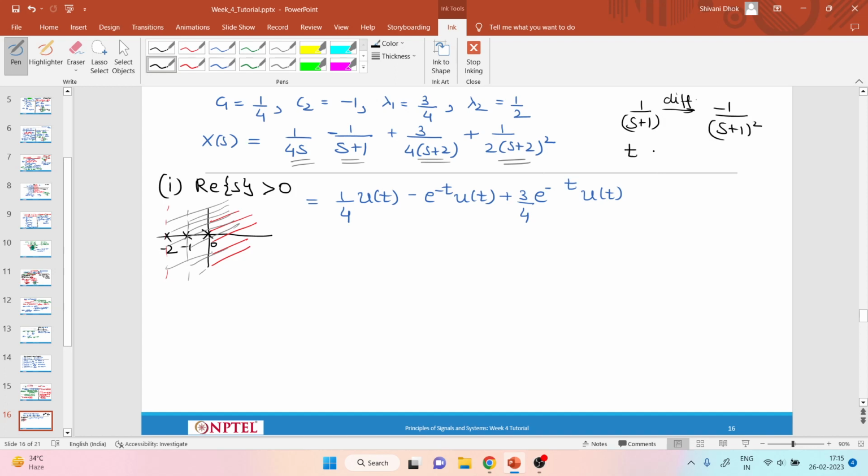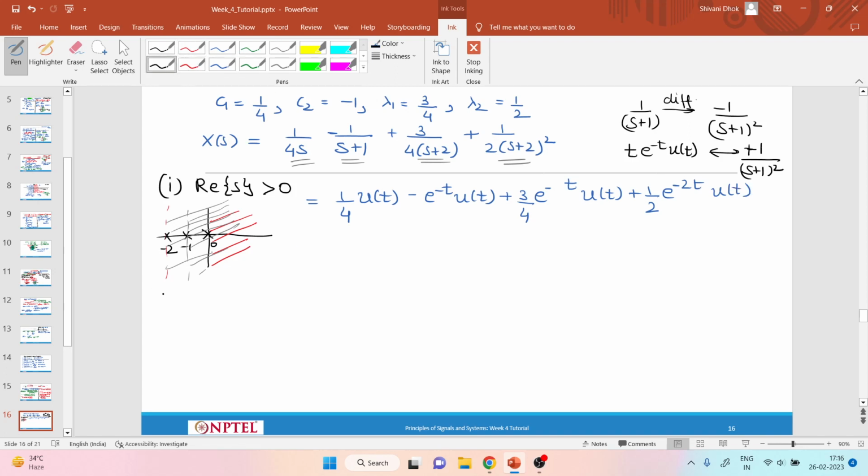So if I have t into e power minus t u of t, then this will have my Laplace transform as minus of the differentiation of the Laplace transform of e power minus t u of t, that is minus of this term, it will become plus 1 upon (s plus 1) square. So using this I can write it as 1 by 2 t e power minus 2t u of t. So this is the first case that we have.